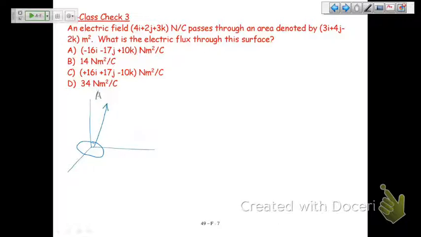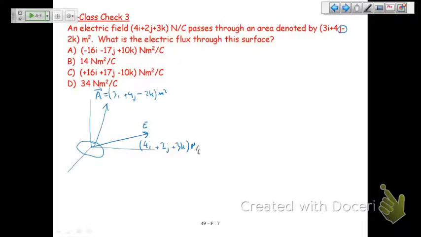My A vector is equal to 3i plus 4j minus 2k meters squared. Then I'll draw my E vector in some other direction. I'm not going to make the diagram correct, but I do want to visualize it.